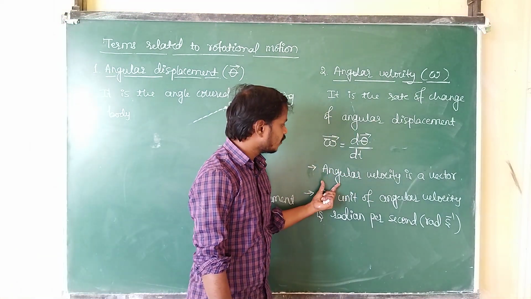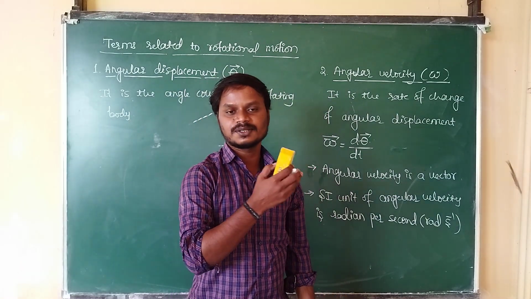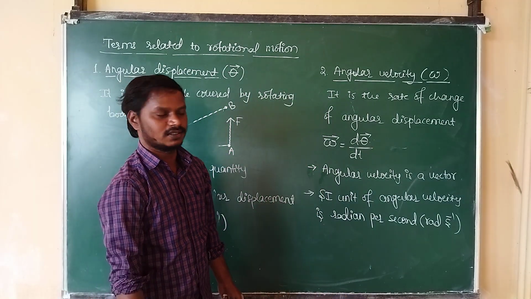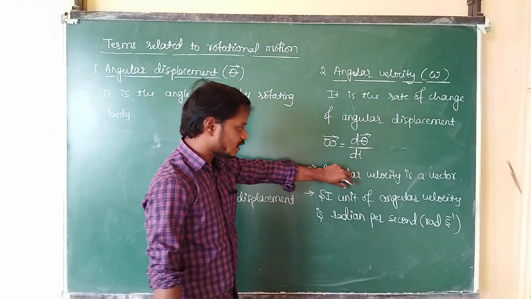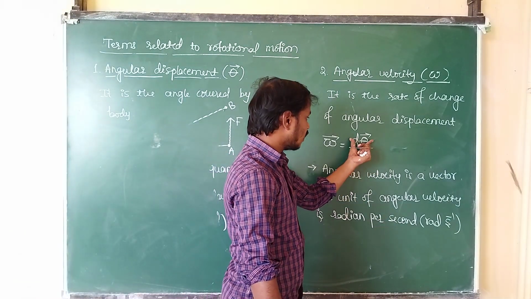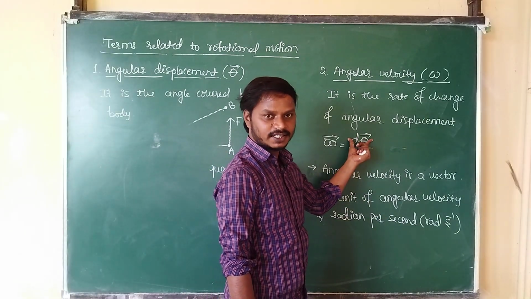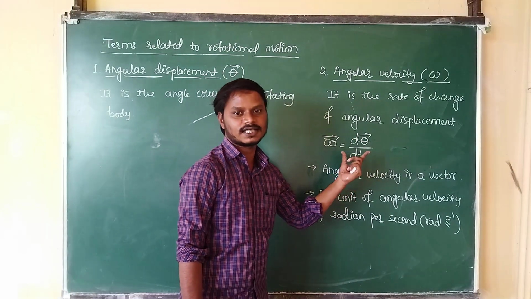Angular velocity is a vector quantity because there is a change in angular displacement in a particular direction. The SI unit of angular velocity is radian per second, because angular displacement is measured in radian and time in second.